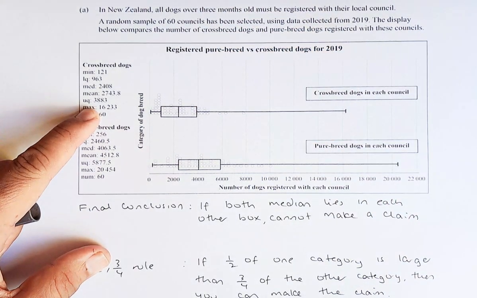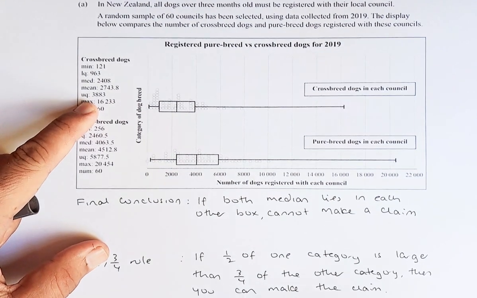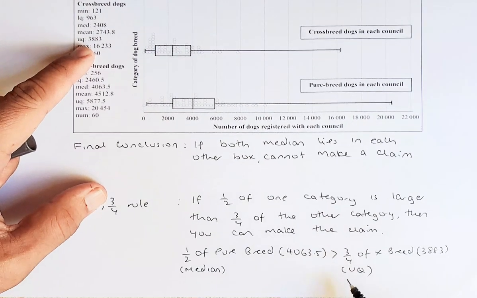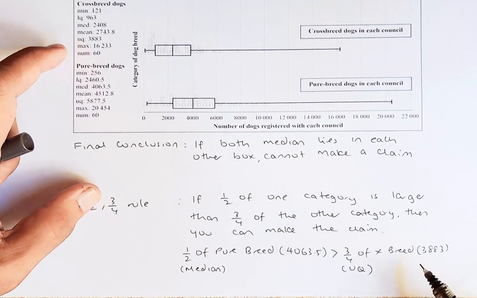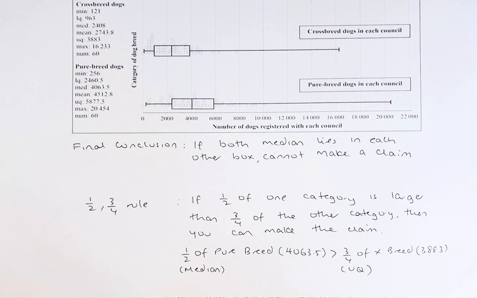So 4,063.5 is bigger than 3,883, then we can conclude that the number of registrations for purebred dogs is more than the registrations for crossbreed dogs, because half of the purebred dogs is more than the 3/4 registration of the crossbreed dogs.